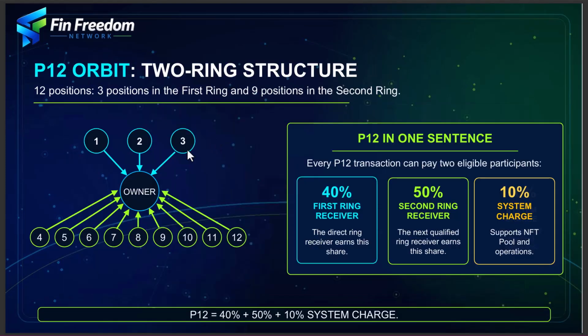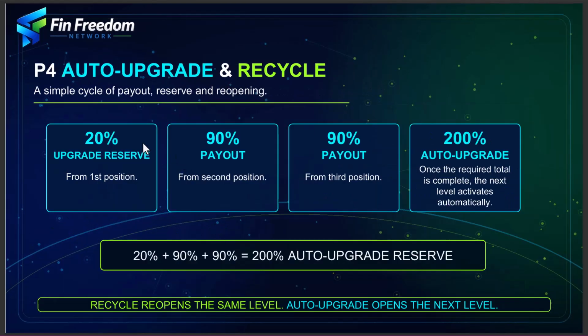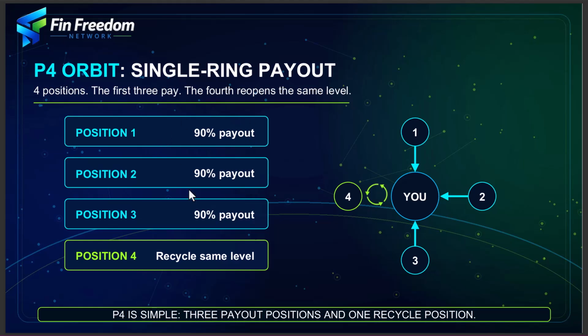Unlike in P4, when I explained P4, in P4 there are 3 positions. Every time someone enters a position in your ring or in your orbit, you receive 90%, 90%, 90%, and then the 4th position recycles.